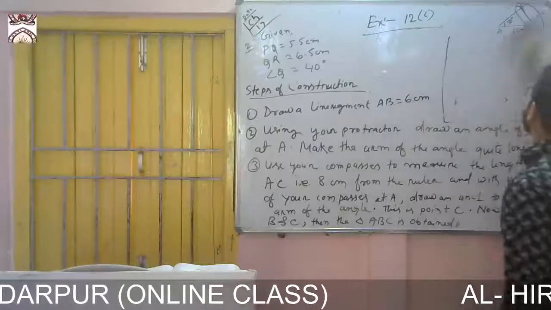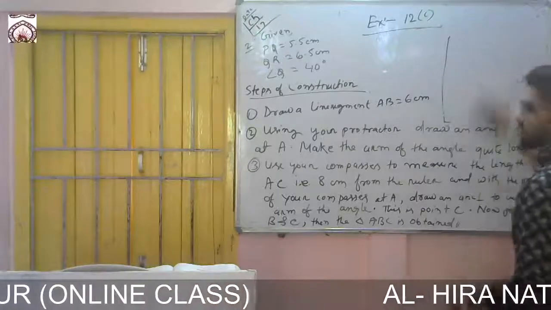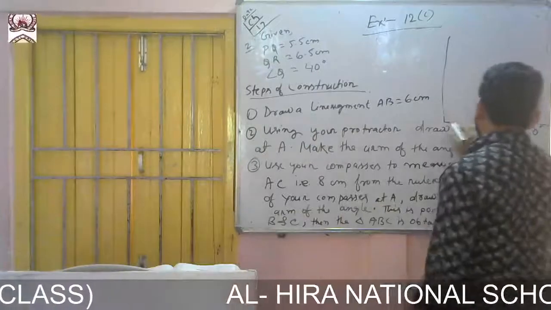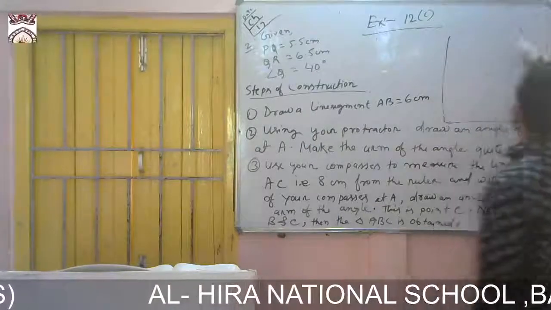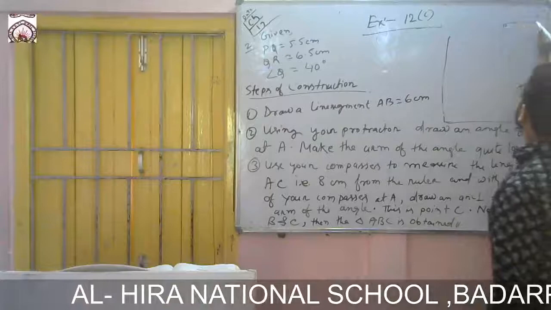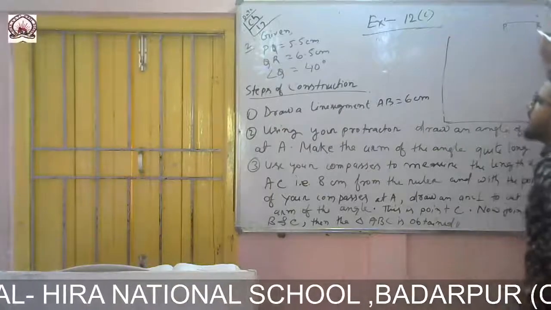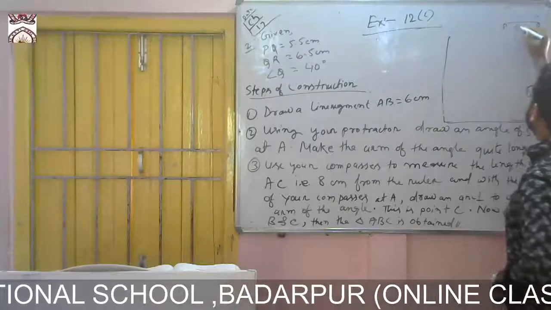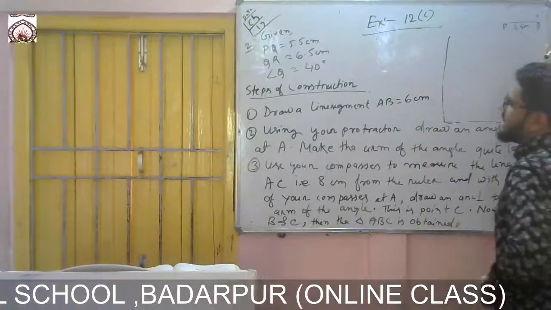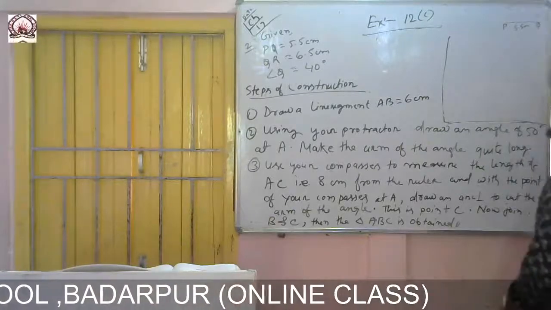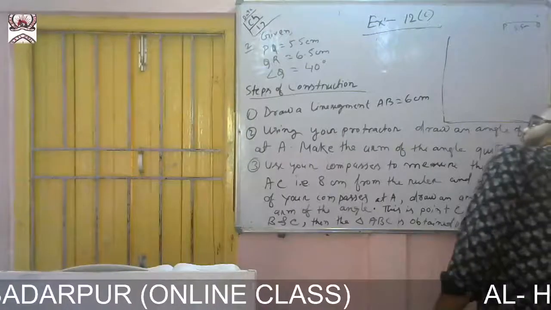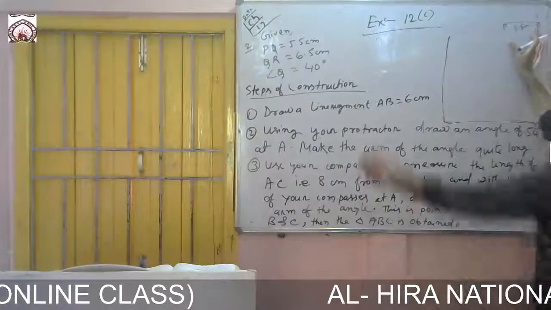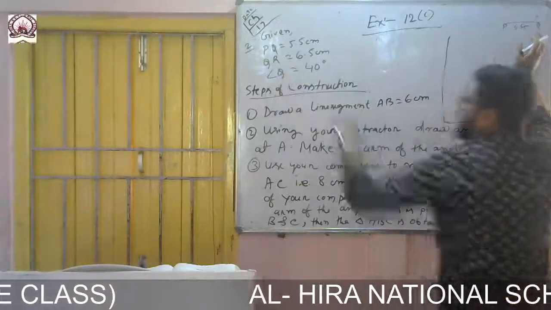Let me draw a rough sketch. It will be like this. Suppose this is PQ, 5.5. Now QR 6.5. After drawing the base of the triangle, we will go for drawing the angles.